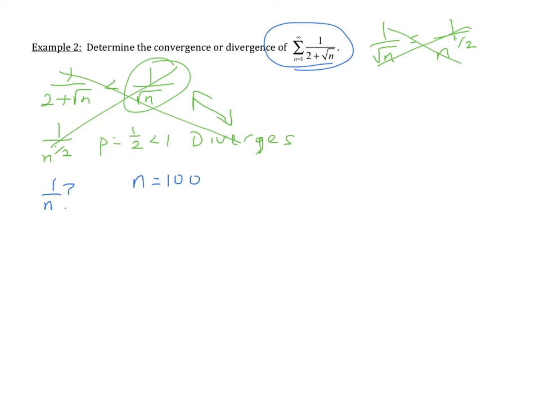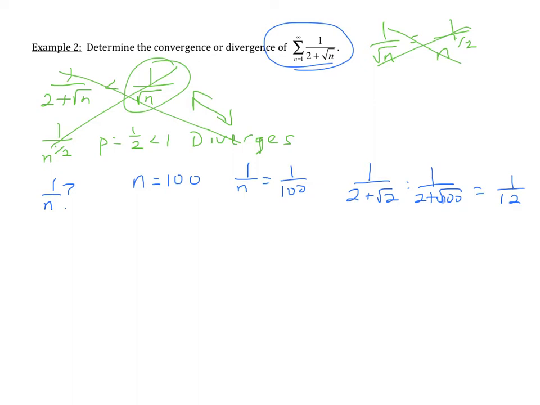When n equals 100, 1 over n is 1 over 100. 1 over 2 plus the square root of n is going to be 1 over 2 plus the square root of 100, which ends up being just 1 over 12. And so 1 over 12 is a bigger number than 1 over 100.